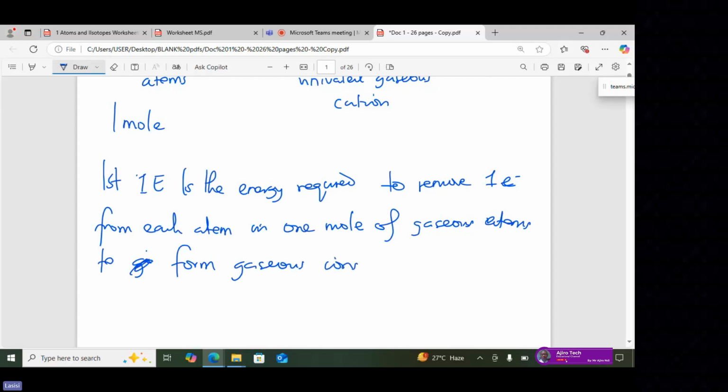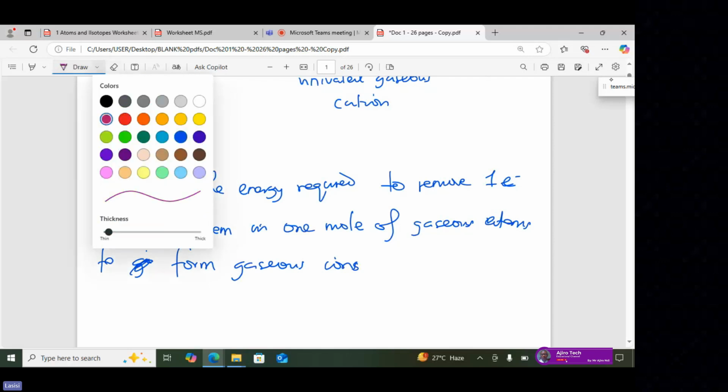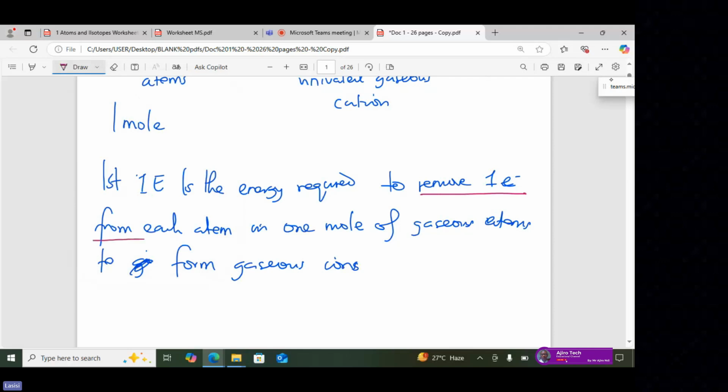Can you see now? Each atom loses one electron, and you can remove one electron from each atom. It's very important. Look at it. From each atom.